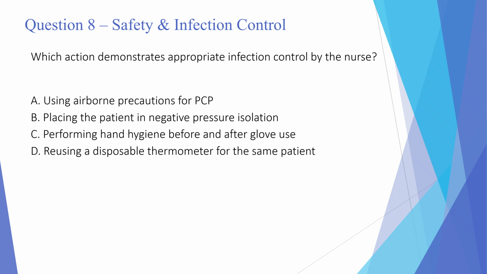Safety and infection control. Which action demonstrates appropriate infection control by the nurse? Using airborne precautions for PCP, placing the patient in negative pressure isolation, performing hand hygiene before and after glove use, reusing a disposable thermometer for the same patient.